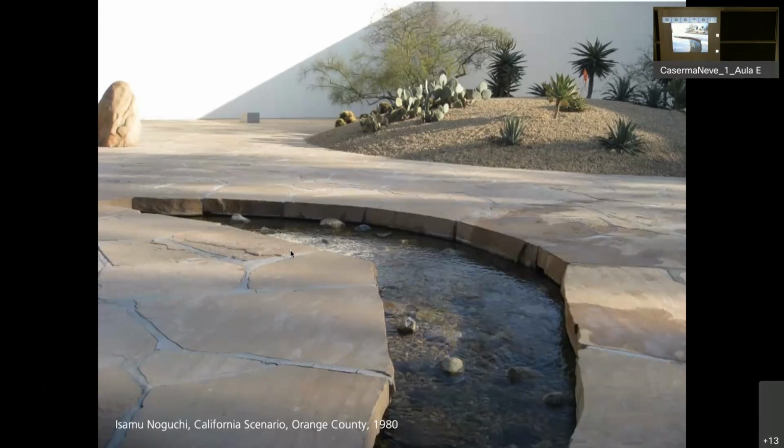We are in Orange County, California, and this tells you a lot about Noguchi's attitude towards landscape, because as you see, there is not a prevalence of natural elements in these landscapes. There is actually a prevalence of artificial mineral landscapes.